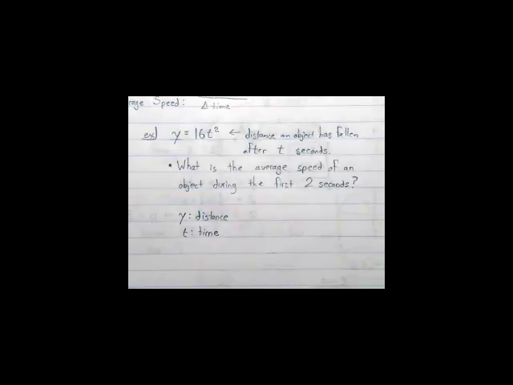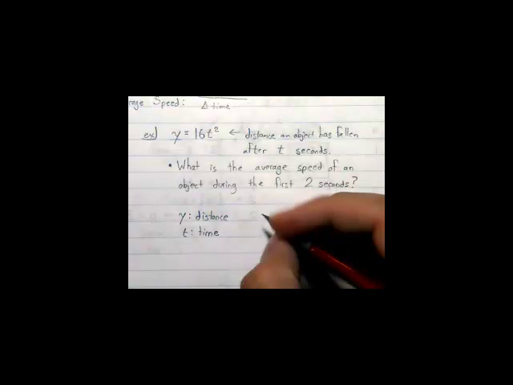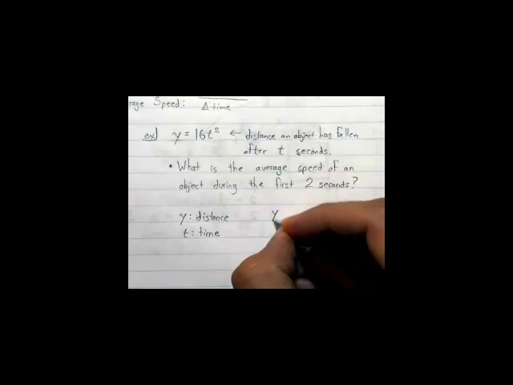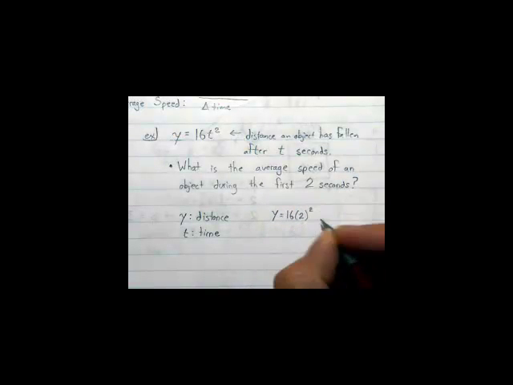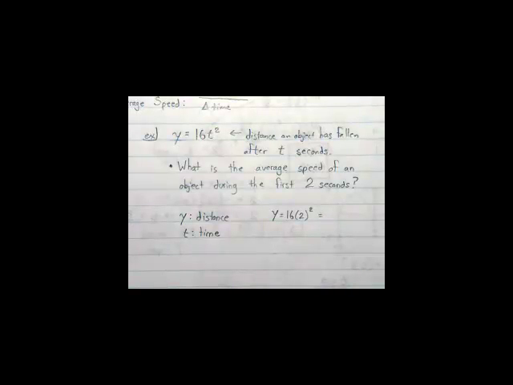Okay, so plug in a 2 for t. So y equals 16 times 2 squared. And that's going to get me 16 times 4, which is 64. Remember the equation is measuring the distance an object has fallen after that many seconds.